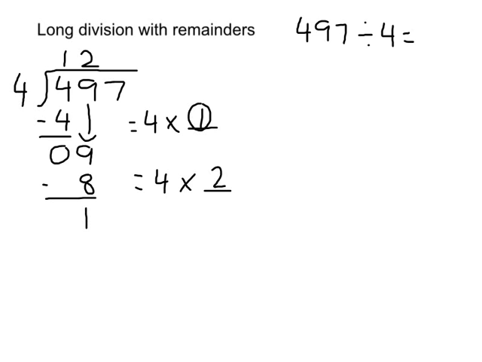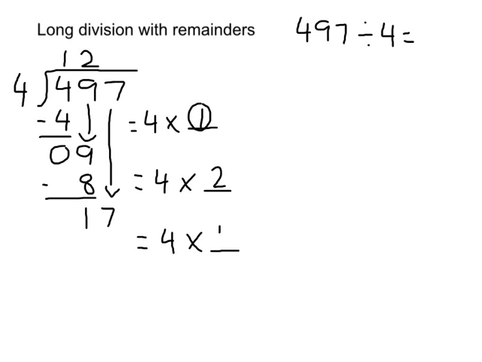And now we're going to deal with our final digit, which is the 7. And as you guessed, the 7 goes all the way back down, and it's going to lay right next to the 1. And that's going to create the number 17. So now, once again, we have to ask ourselves, how many groups of 4 can go into 17, or 4 times blank is going to equal 17 or be as close to 17 as possible.